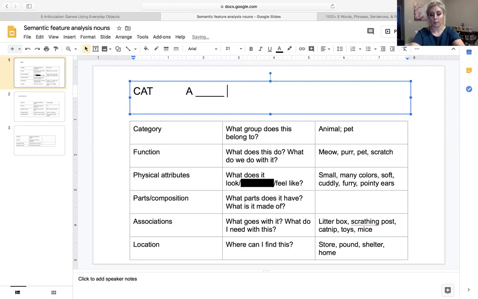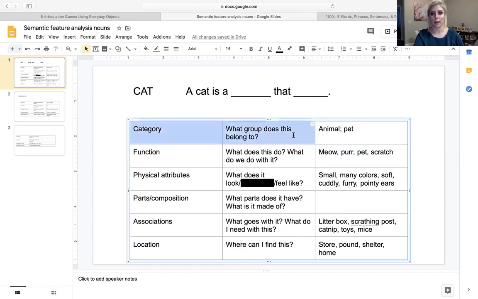And the formula for a definition is this. A blank is a blank that blanks. So in this first spot, we're going to put the word that we're working on, which is cat. A cat is a, and then we need our category. Every time we're going to need our category. That's why category is so important.